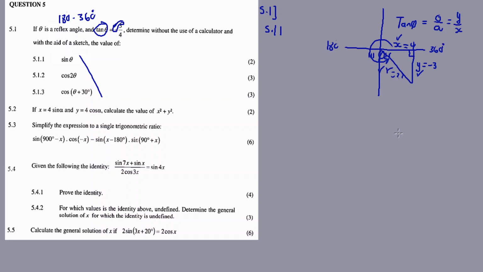Now let's go to 5.1.1, where we find the value of sin theta. Sin theta according to SOHCAHTOA is opposite over hypotenuse. So it's y over r. What is the value of y? -3. What is the hypotenuse r?